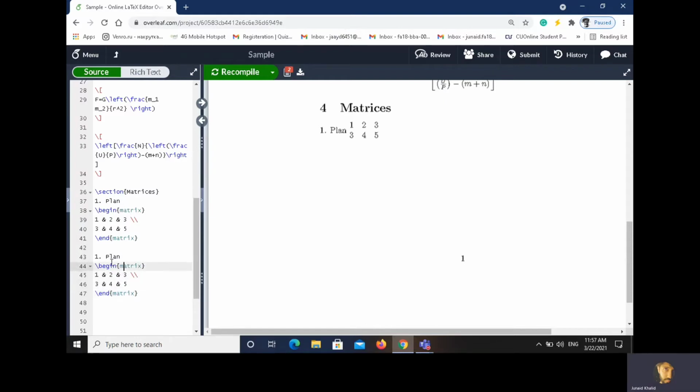First we are going to write parentheses. So this will be the parenthesis matrix, and before matrix we write p, and in the same way at the end matrix p. Control enter to compile.